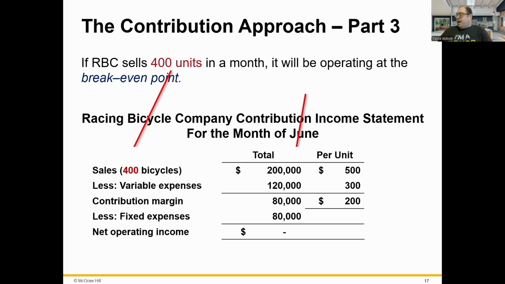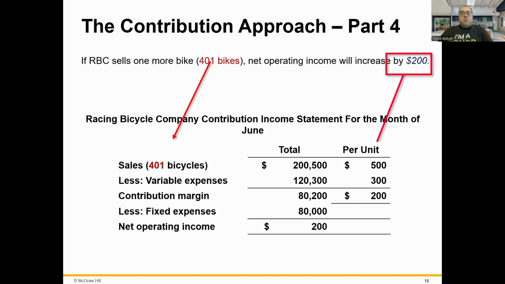So they wouldn't be operating at a profit or at a loss. Now, if they were to sell 401 bikes during the month, then they would have $200 of operating income at the end. Okay. So this is an important concept for us to understand, the break even point.